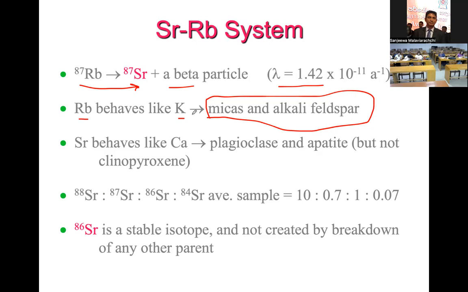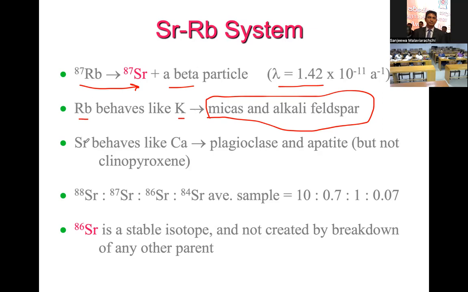So if you want to do rubidium and strontium dating, it's suggested that you collect these micas, separate the minerals, that means mineral separation, and do rubidium strontium isotopes. Or otherwise, you can make the whole rock into powder and do this rubidium strontium system.